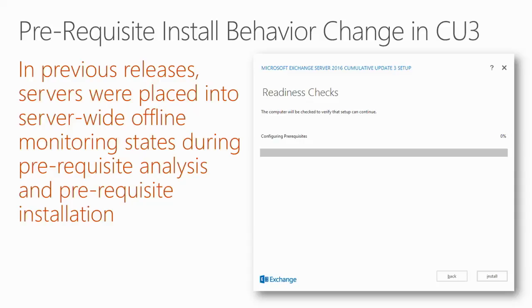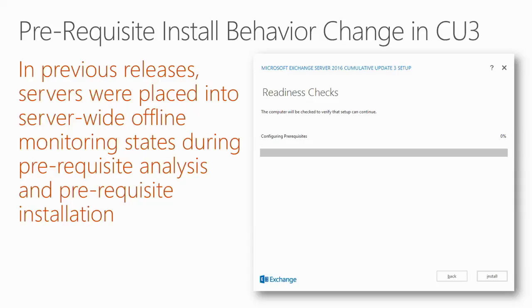Now we've actually changed the behavior in CU3 so that we don't put the server into maintenance mode until after the prerequisites have been validated. It's a minor change in behavior, but it's important especially for those administrators who are running setup from a GUI, so that they can feel confident that the server is still on and operational from a managed availability standpoint before they actually click continue to go ahead with setup.